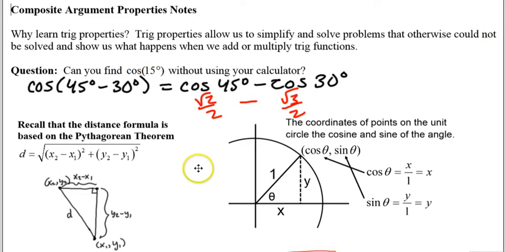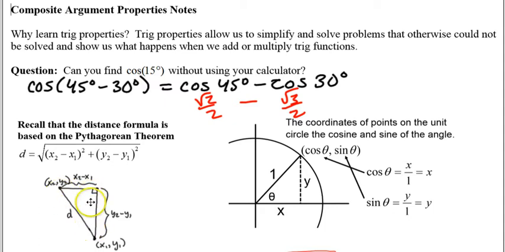In order to do this proof, I have to remember a couple of things. The Pythagorean Theorem is one of them. If I have a point (x1, y1) and a point (x2, y2), I can find the distance between them based on the Pythagorean Theorem. The horizontal leg of this right triangle tells me the difference in the x-coordinates.